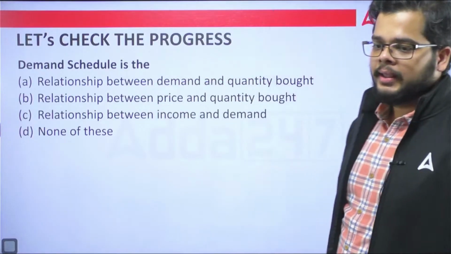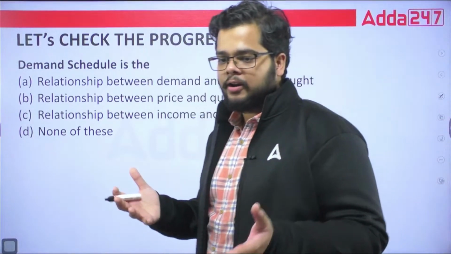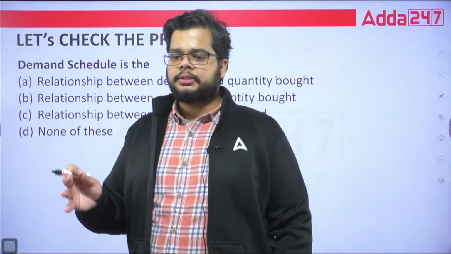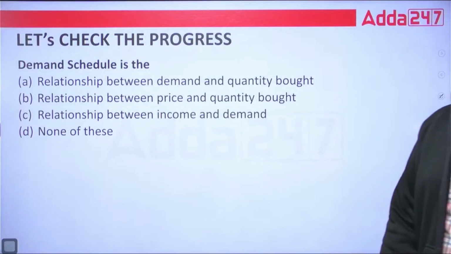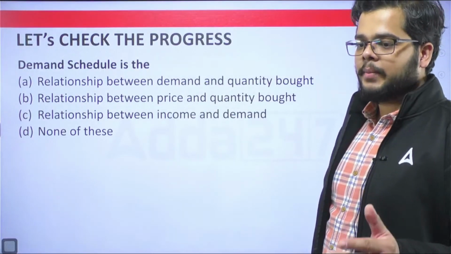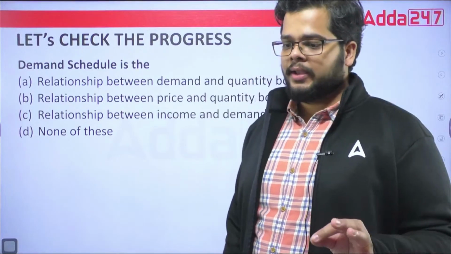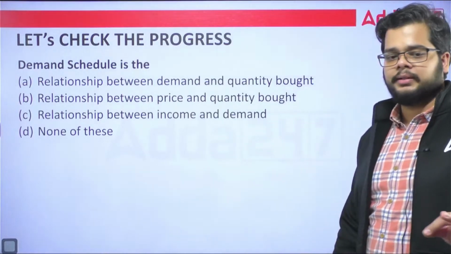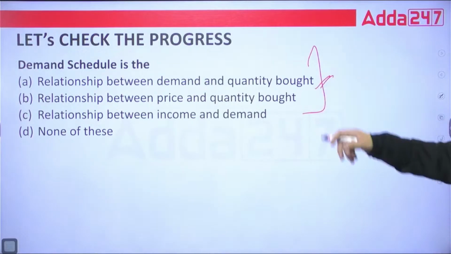Now let's move on to the questions. Demand schedule is the dash. What do we mean by demand schedule? What kind of relationship does it study? Relationship between demand and quantity, between price and quantity, income and demand, or none of these. Quite a confusing question, I would say. If you are sitting in the examination hall and just look at this question, you will think, I know the concepts.